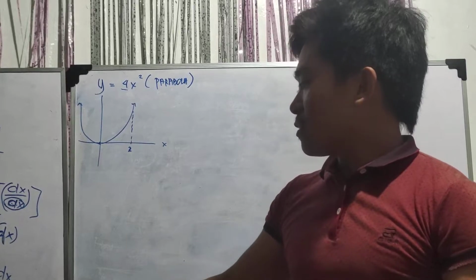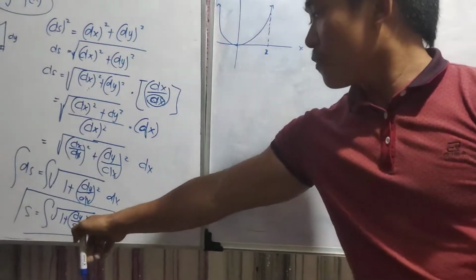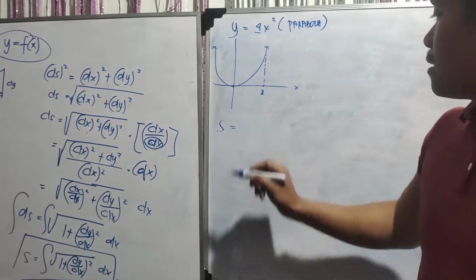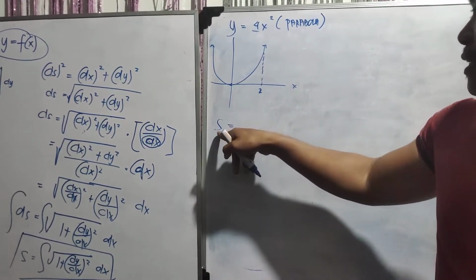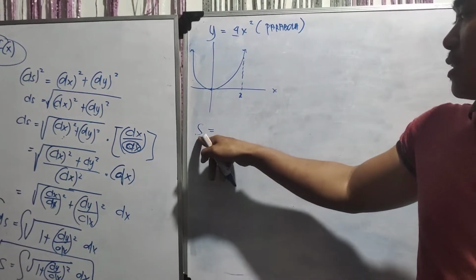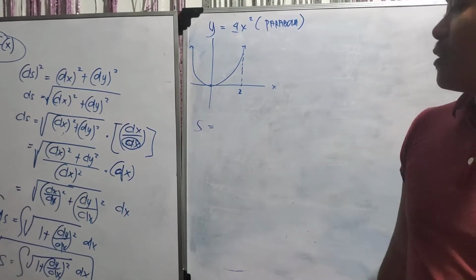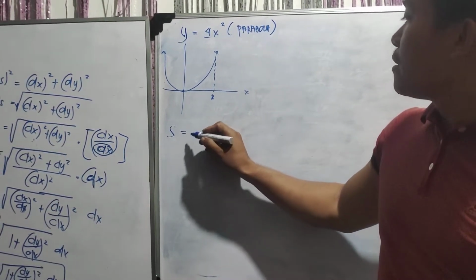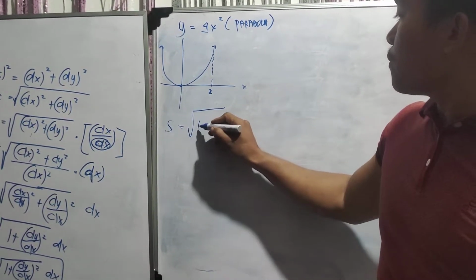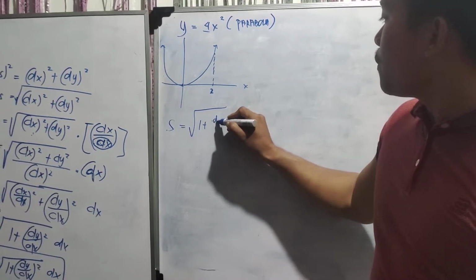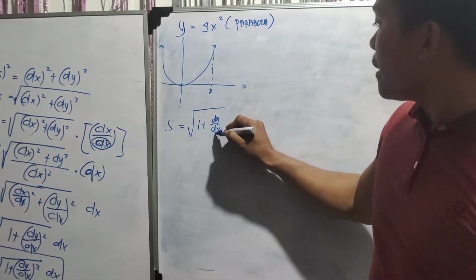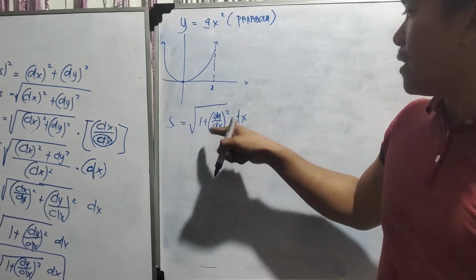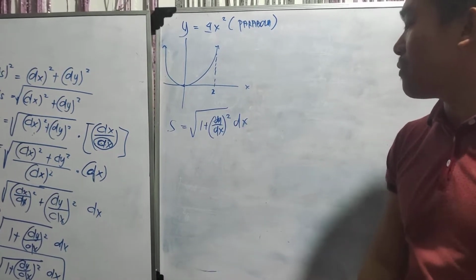So, ano gagawin? Of course, we'll use this formula. So, S for the arc length, maybe you'll get confused with S, okay? Other books use S as the arc length, and you can also use L, that stands for the length. So, S is just the integral of the square root of 1 plus dy over dx squared, dx. Again guys, this dy over dx is just y prime, the first derivative.